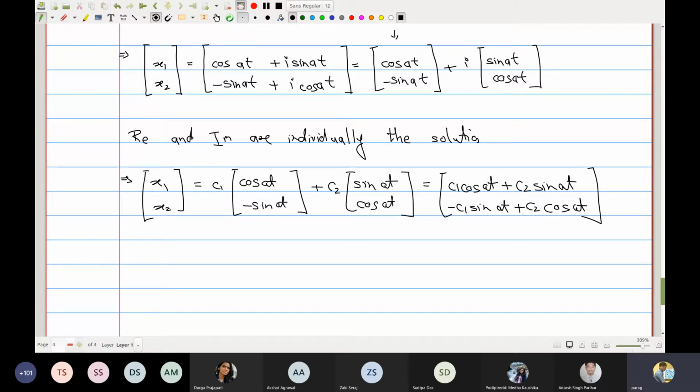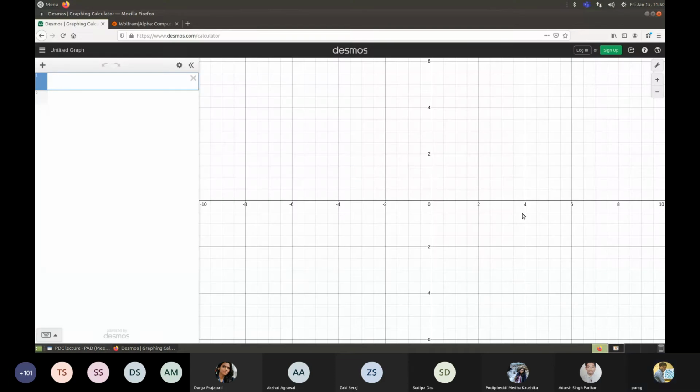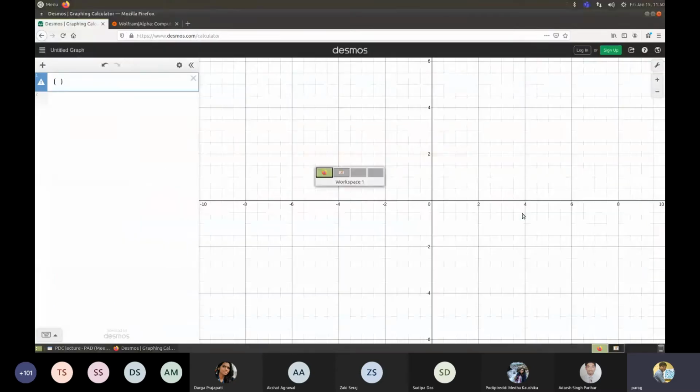Now I need to draw the phase portrait of x1 x2. Looks a little bit complex, so let's try to plot this using a standard plotter. So what were our equations?